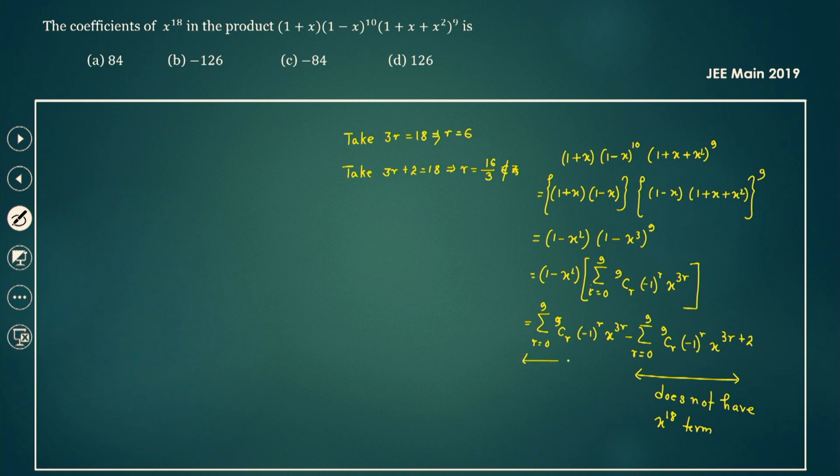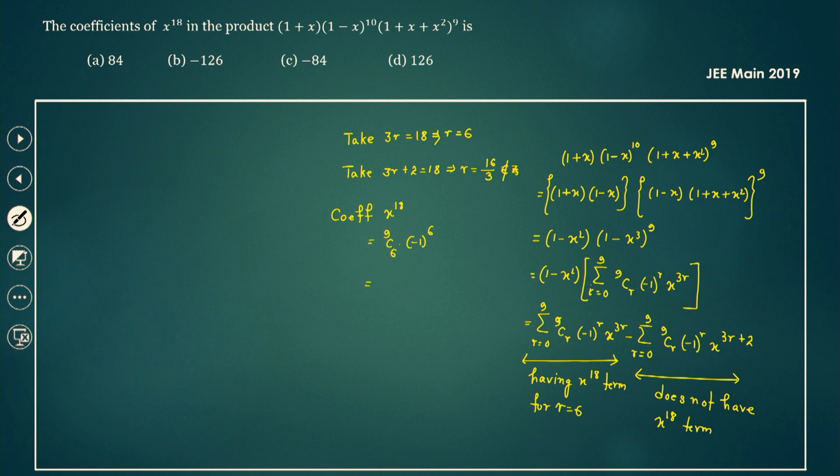And thus, the first series has the x to the power 18 term for r equal to 6. So therefore, we can easily say that the coefficient of x to the power 18 will be equal to 9C6 multiplied by (minus 1) whole to the power 6 and x to the power 18.